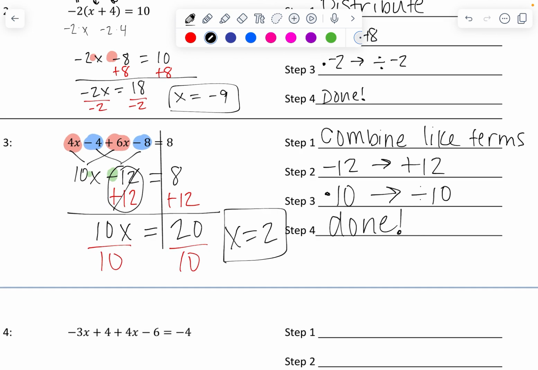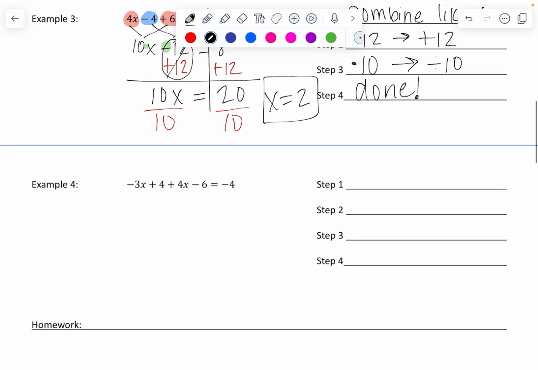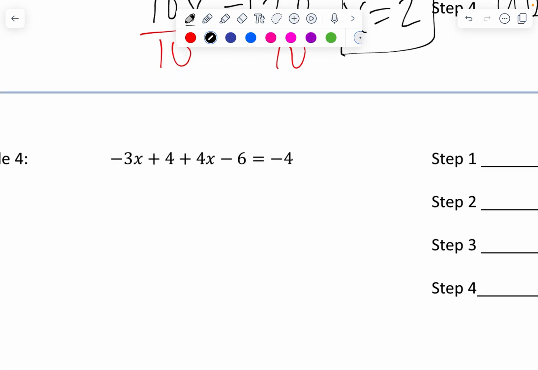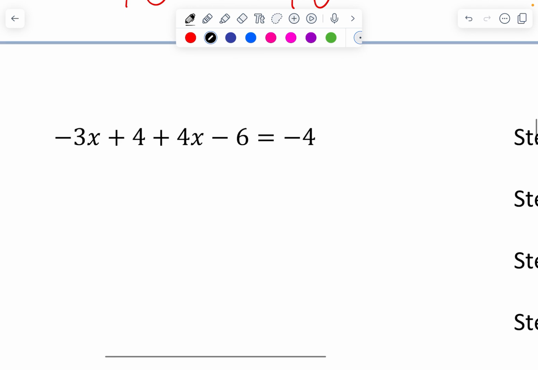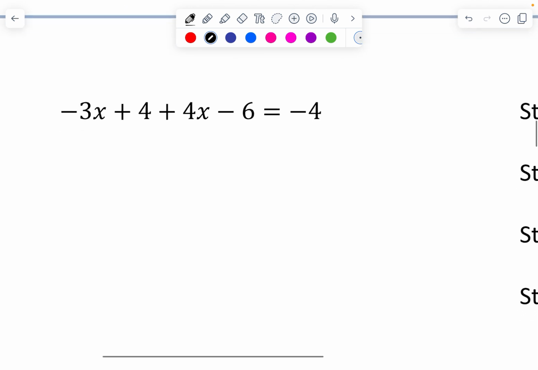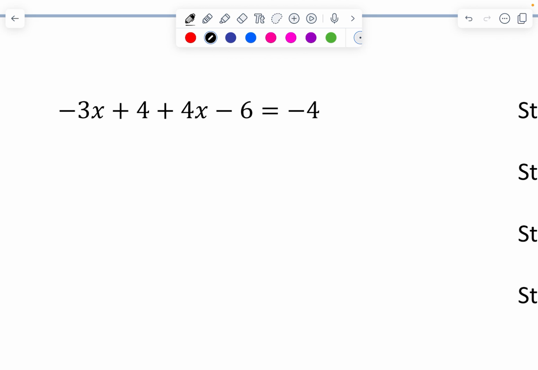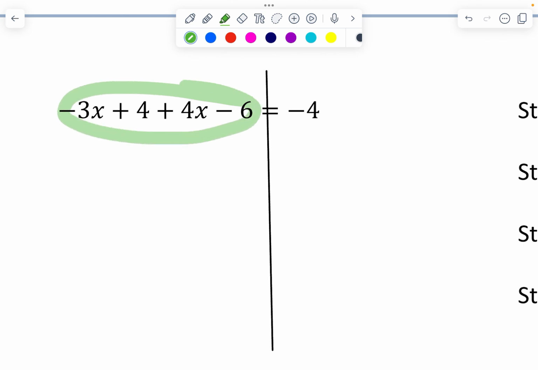All right, let's try one more here. So again, if you're feeling good with this, just go ahead and pause the video, try it on your own, press play, see if you got it right. If you need more help with it, just keep watching. Okay, so on the side that has all the letters and the numbers, we want to see if we can combine anything.